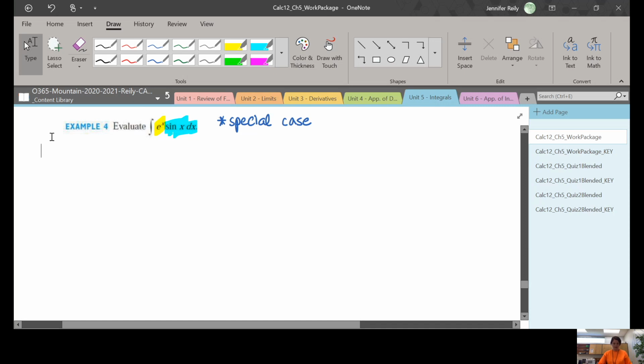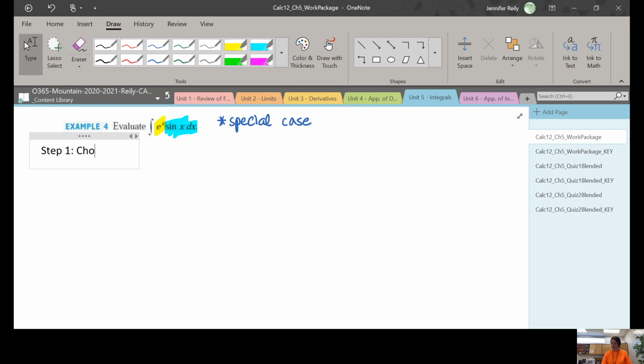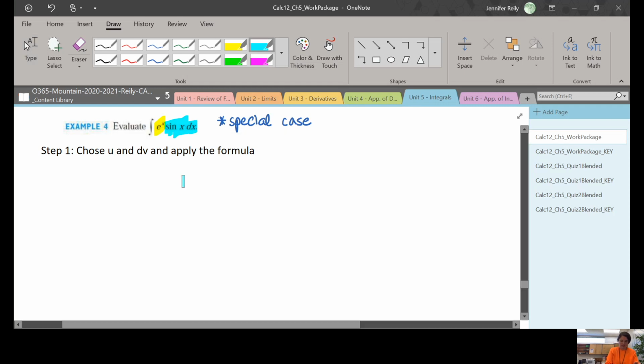I'm going to type the steps out just so that it's nice and clear. So step 1 is going to be choose u and dv. It actually doesn't matter which one you choose to be u and which one you choose to be dv. So since e to the x is written first, that'll be our u.